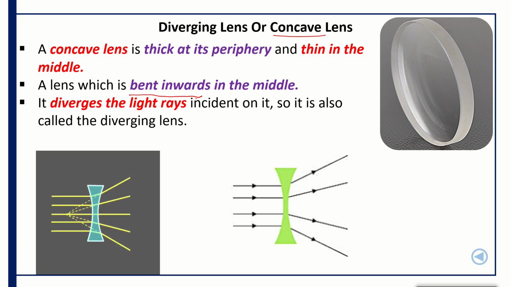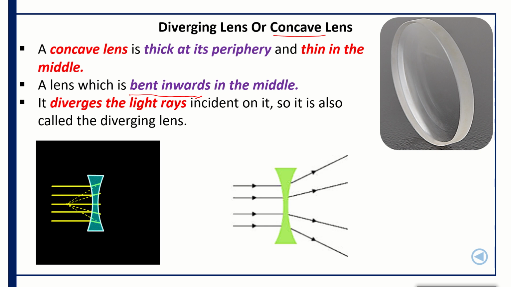So what is happening here? When light falls on a concave lens, it diverges the light out, and if I extend that divergent ray, we feel like it is coming out from a point source. So this type of lens which diverges light is known as a diverging lens, and concave lenses diverge light, so we call diverging lenses concave lenses.